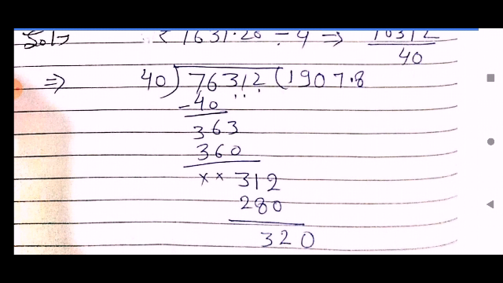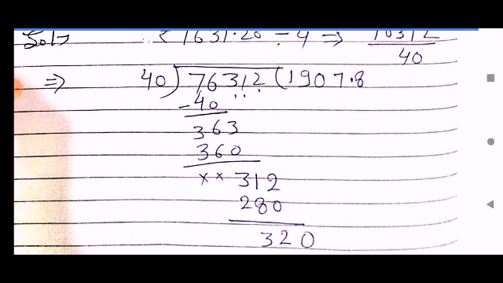If we take 2, 40 2s are 80, but 80 is greater than 76, so we can't take 80. We have to take 40 into 1, 40. Now subtracting 76 minus 40, we get 36.